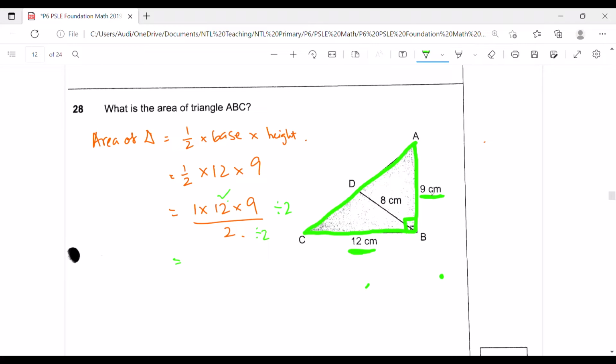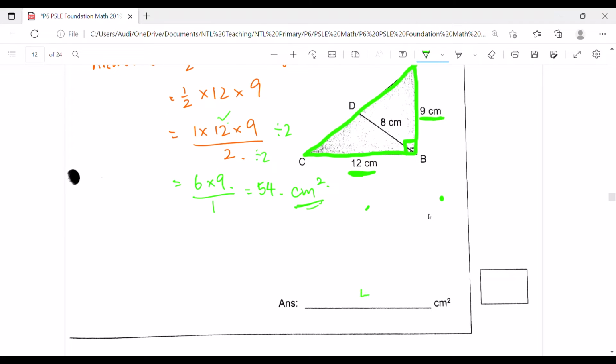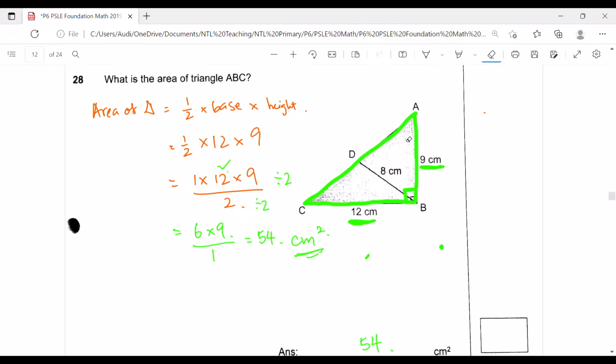So 12 divided by 2 gives us 6. 9 remains. 2 divided by 2 is 1. So our answer is 9 times 6, right? And 9 times 6 is 54 cm square. Okay, the units is important, but the question also has it, so that's okay. 54 cm square.